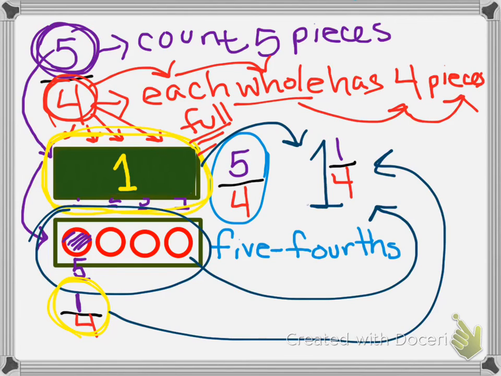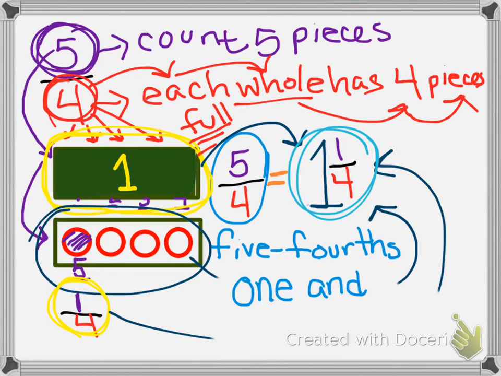I have 1/4 for the extra box that didn't get filled up. It's the same amount of candy as 5/4. I just put a lid on the full box and called it 1, and just stuck the extra candy on the end of it, called it 1 1/4. I would write it this way, 1 1/4.